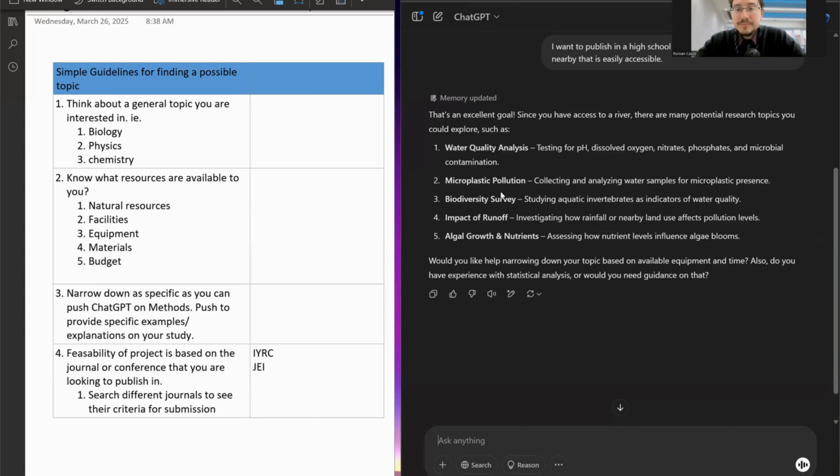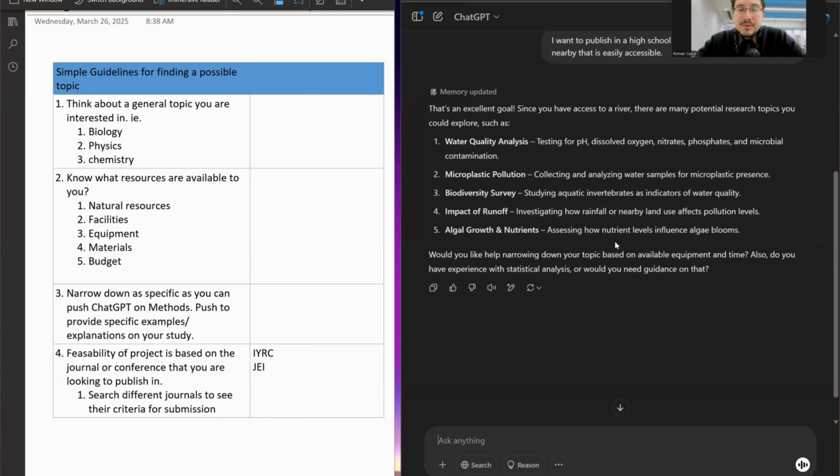Microplastic pollution: analyzing your water samples for the presence of microplastics. Biodiversity surveys: studying aquatic invertebrates as indicators of water quality. Impact of runoff: investigating how rainfall or nearby land use affects pollution levels. Algal growth and nutrients: assessing how nutrient levels influence algal blooms, right?